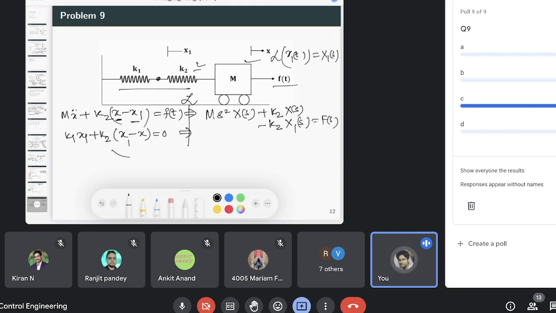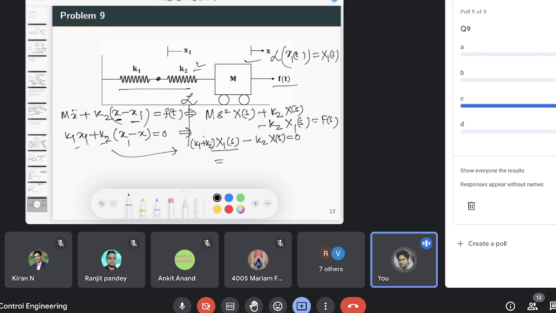Similarly, from the second equation I have k1 X1(s) plus k2 X1(s) minus k2 X(s) equal to 0, so k1 plus k2 multiplies X1(s).